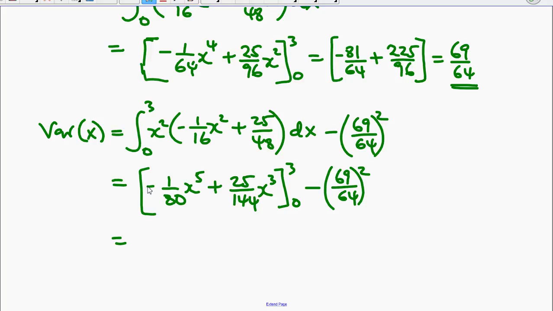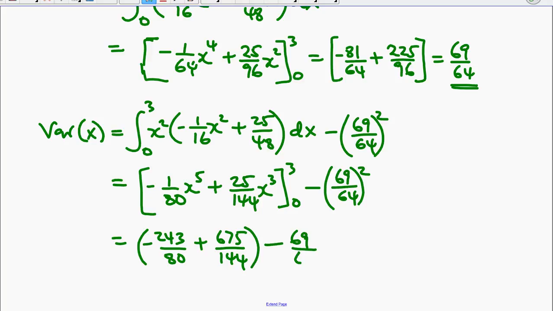That gives us negative 243 over 80 plus 675 over 144 minus 69 over 64 squared, which basically gives me 0.488.